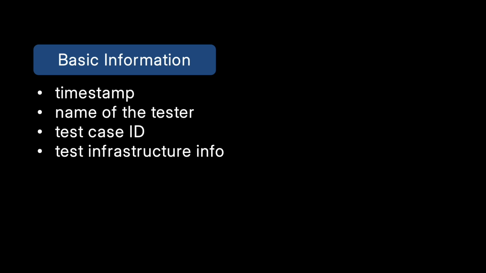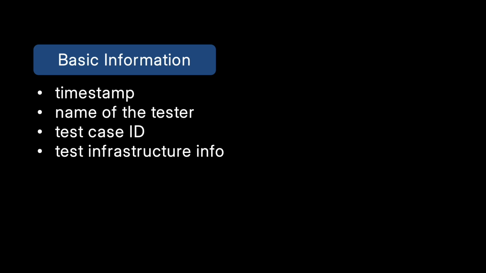Next, let's talk about the information that should be given in reporting an issue. There is some basic information that is given by the test session or the test execution plan itself. For example, the occurrence of the error in terms of a timestamp, or any other notable timestamp for important events during the test.